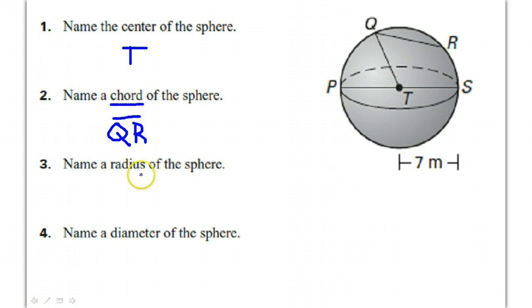Don't forget that. Okay? Marisa, can you tell me a radius of the circle? QT would be a good radius. There are more that you could say. Name another radius, somebody. PT. Name one more.